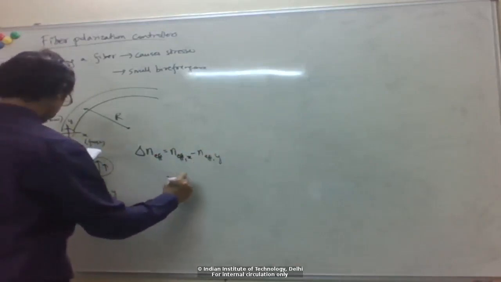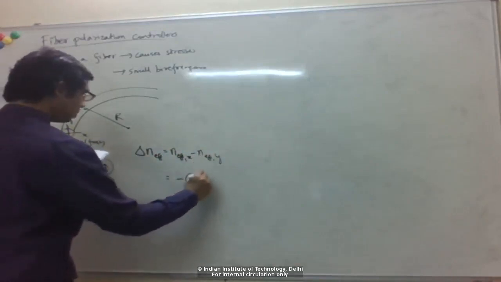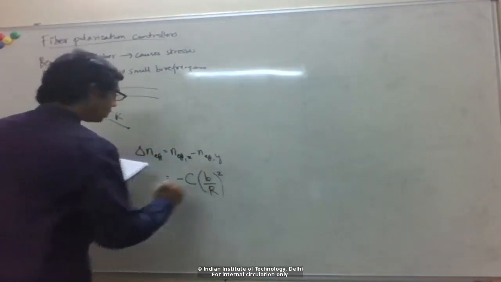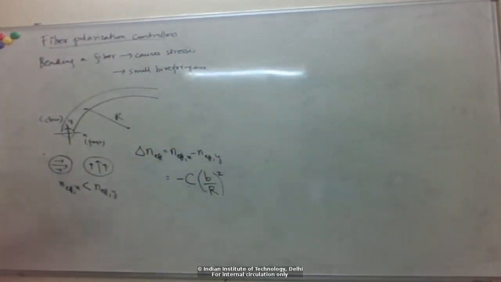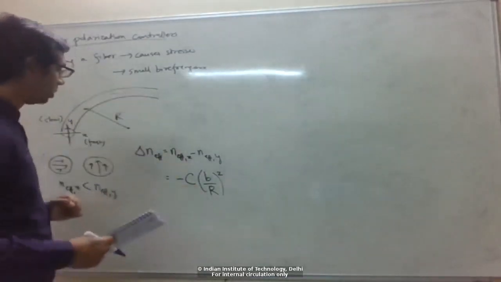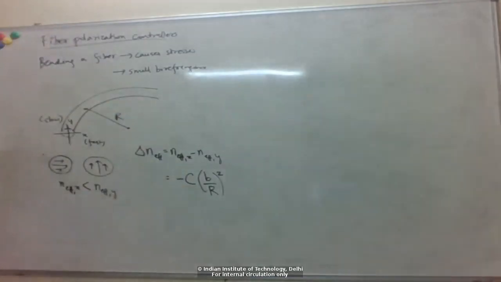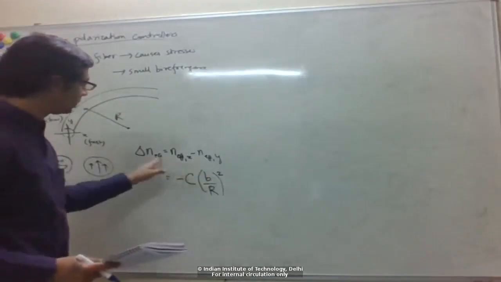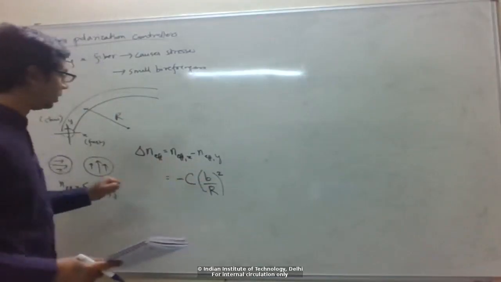Okay, so that can be empirically taken as a function of the bend radius, like this. So you can see here, of course, it's inversely proportional to 1 over R squared.